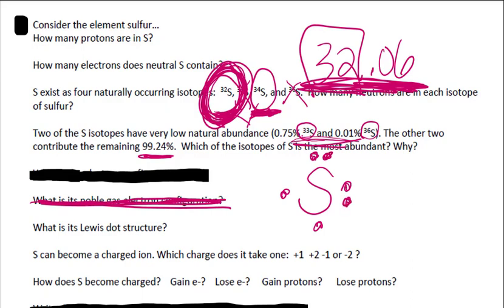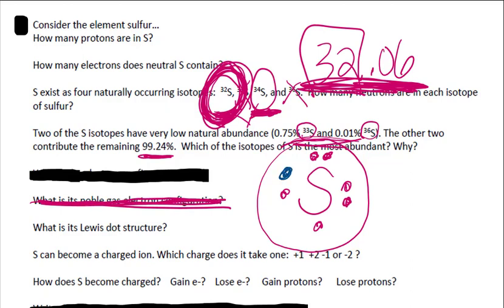Sulfur can become a charged ion. What charge does it take? Okay, well, so if I look at sulfur, we know that being full would be like becoming the nearest noble gas. And we can see here that if it has 6 valence electrons and it wants 8, is it easier to lose 6 or to gain 2? Well, it'd be to gain 2. That's definitely the easiest.